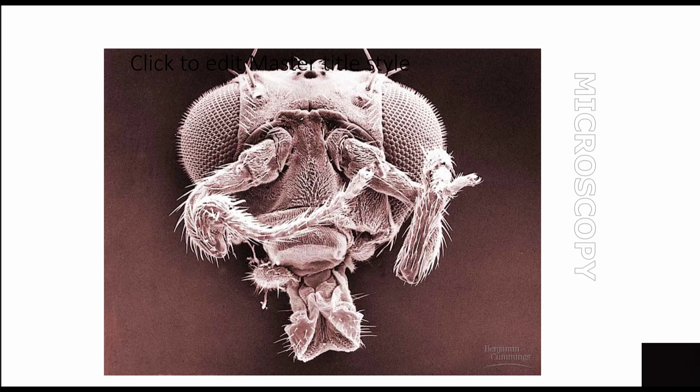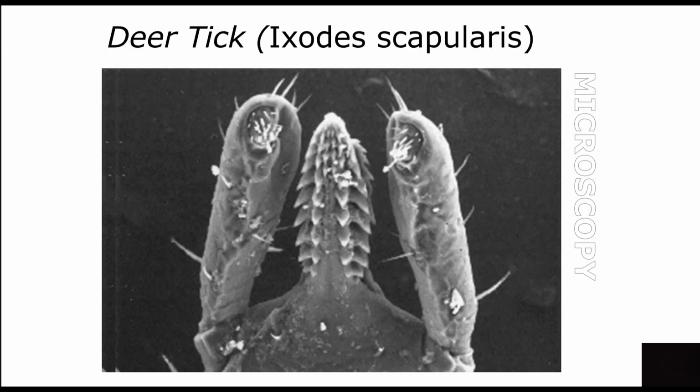So here's the head of a fly. You can see the detail. It's just amazing what we miss because we can't see it. But the electron microscopes, like the scanning, can pick it up. There's our friend, the deer tick, the Ixodes type that carries Lyme disease. And you can see the proboscis here with the little scales that allows the proboscis to go in but not out, sort of like a fishing hook.